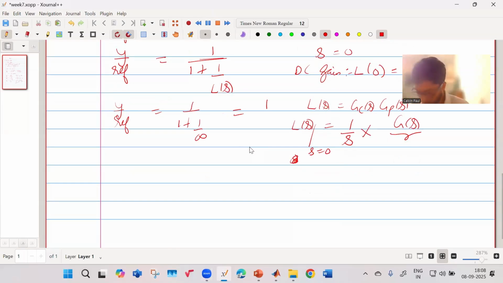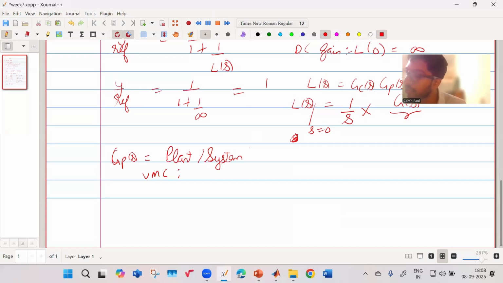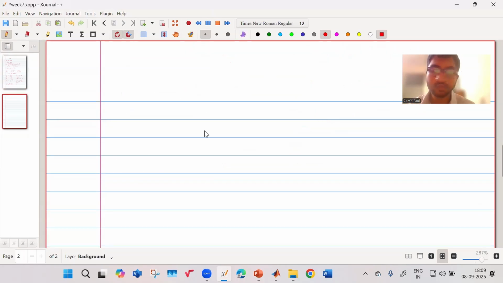Now, our GP of S is your plant, or your system. In this week we are focusing on voltage mode control, so the transfer function of importance is GVD of S. Let's go to the next page.